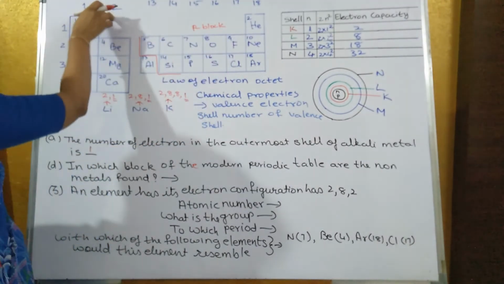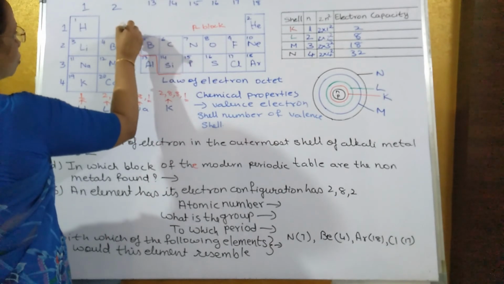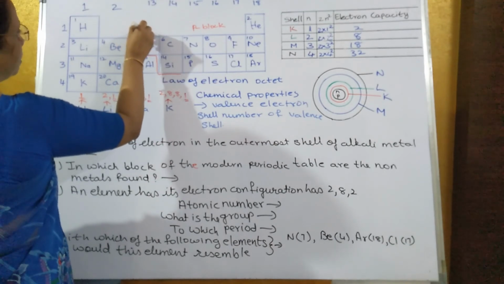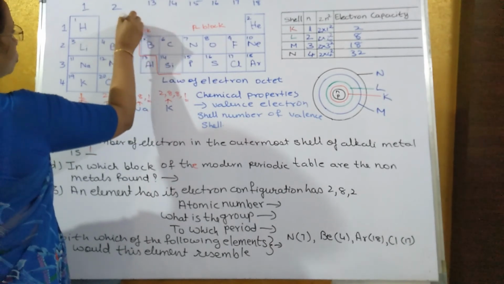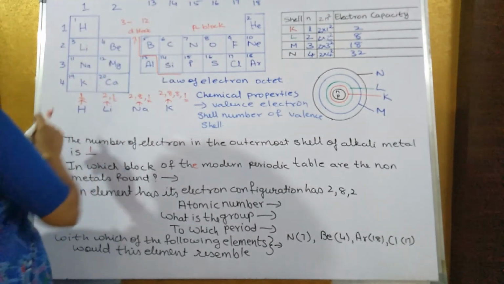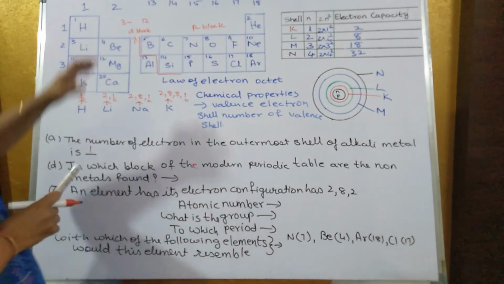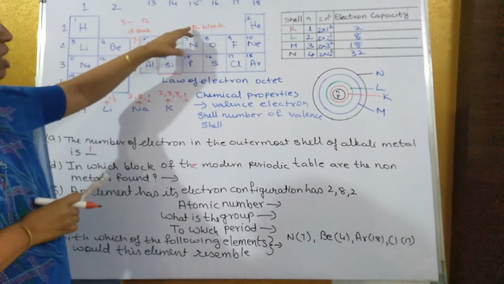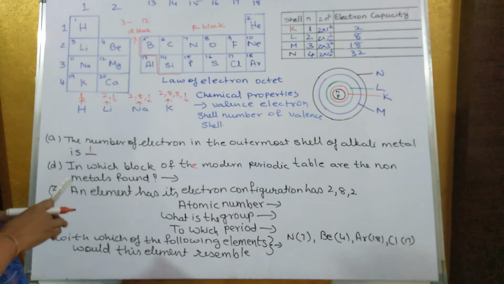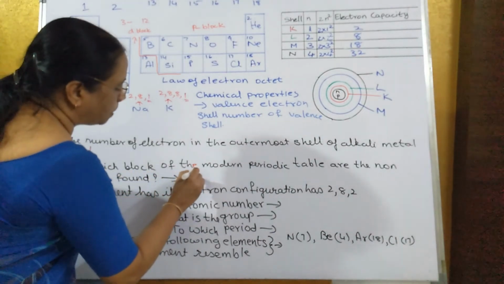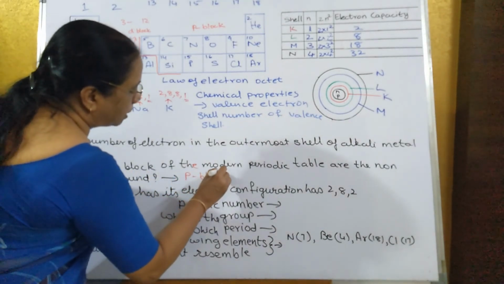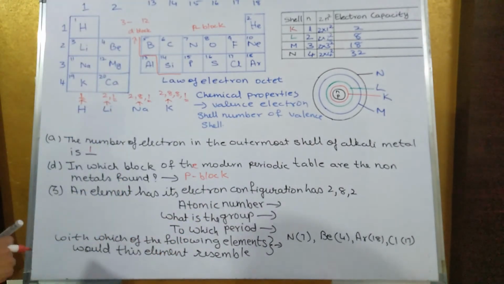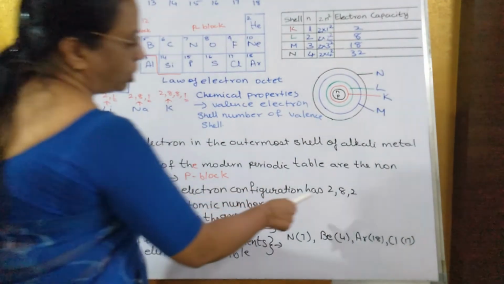This was the S block. D block I have not shown over here. D block is between the 3rd to 12th group. So after the zigzag, which block elements are there? P block elements. So the answer is P block.